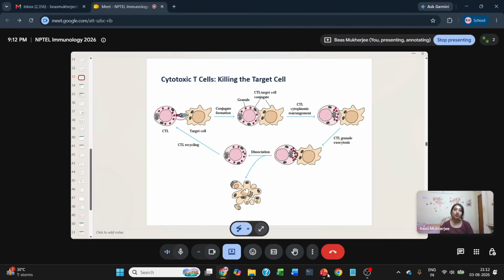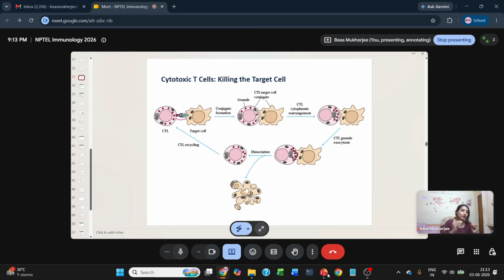So cytotoxic T cells are killing the target cell when there is interaction between the TCR and the CD8 receptors. Then what happens? The granules are breaking open, granzymes are getting released. Granzymes, as soon as they enter into the target cell, they become activated.